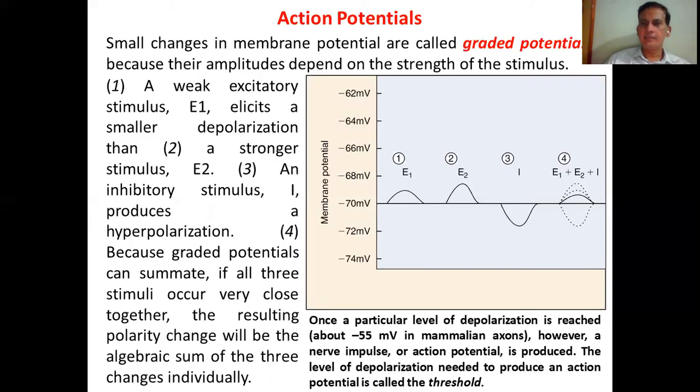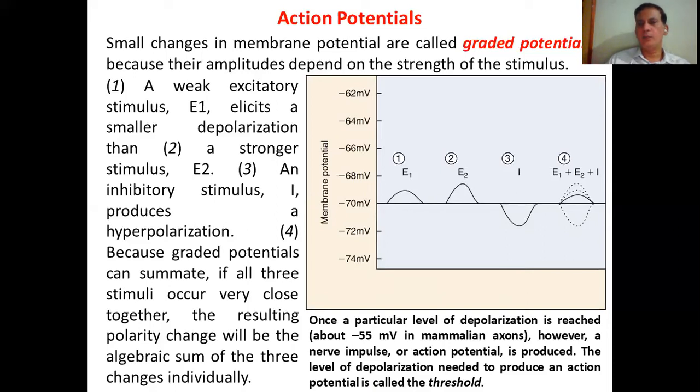Since the time gap between these three potentials, two excitatory and one inhibitory, is very small, at that time point these can be added. So the overall stimulus will be the algebraic sum of these three potentials: E1 plus E2 plus I.